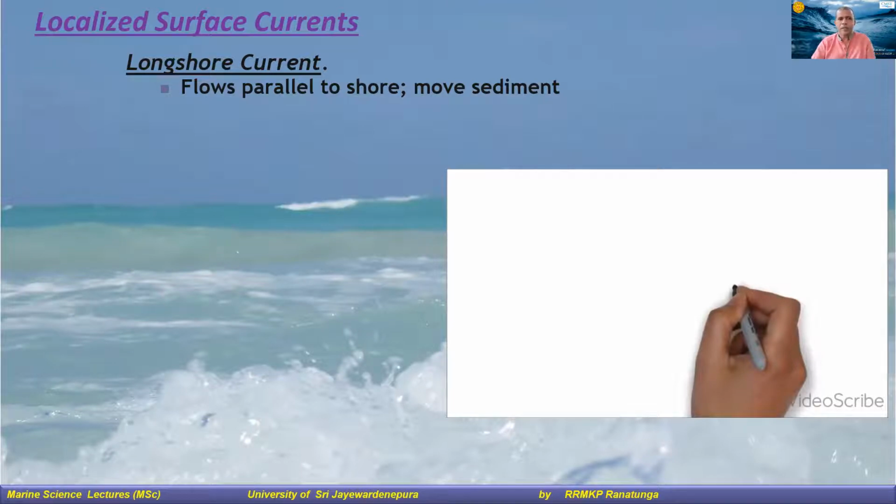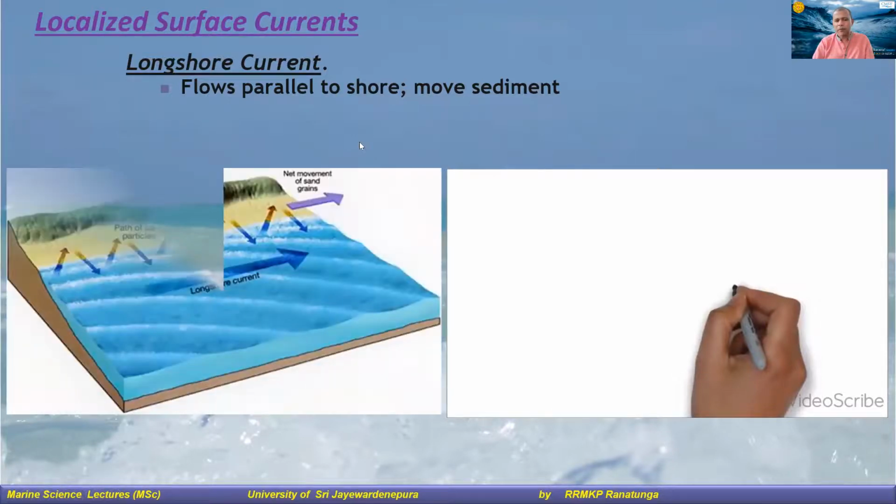So these localized currents include something called longshore currents, which I have already discussed at one moment in the beginning. The longshore currents are the movement of currents a little bit parallel to the shore, and they are very important in the movement of sediments, especially in the coastal zone, right?